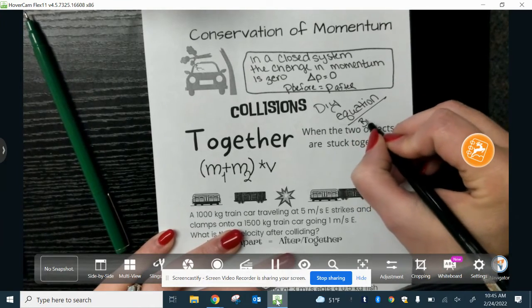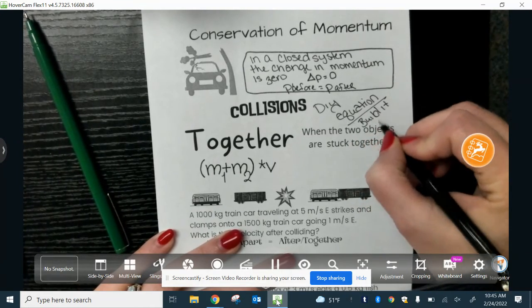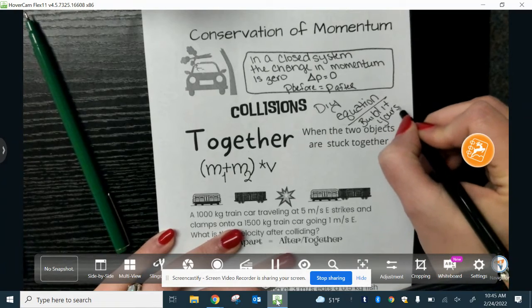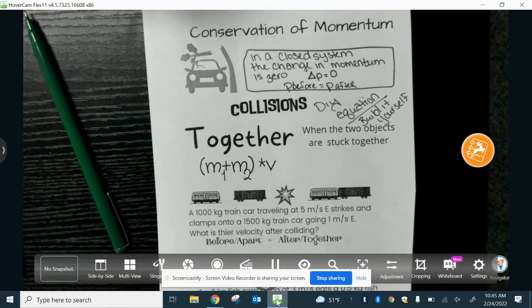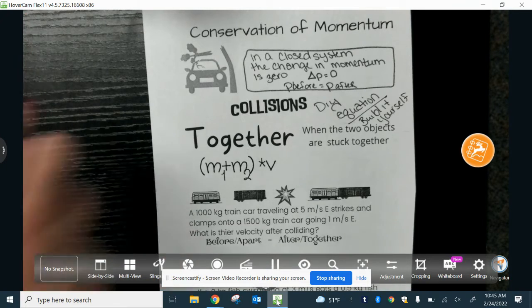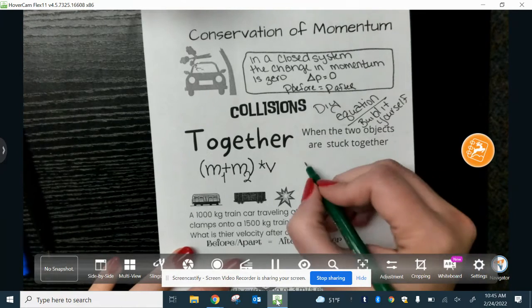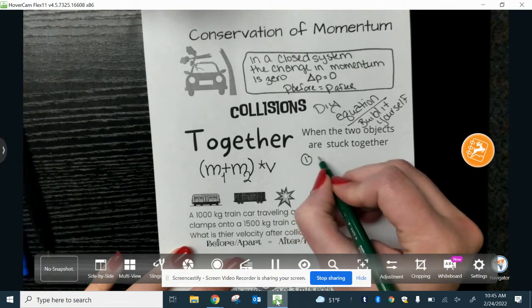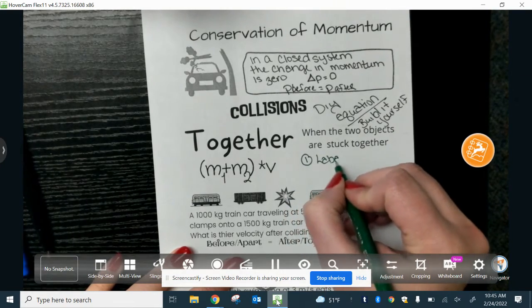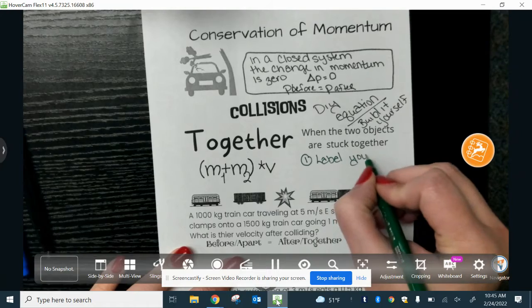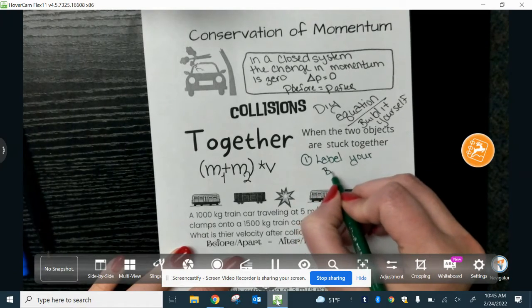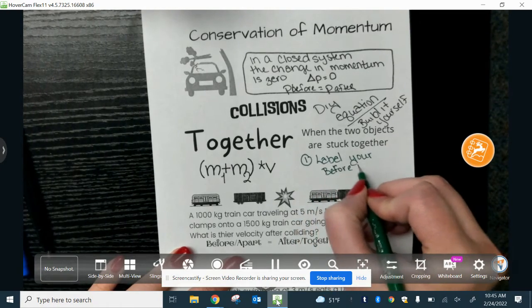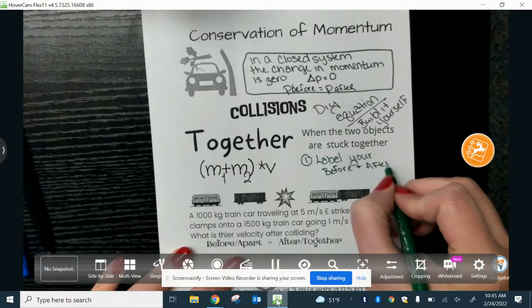It means you build it yourself. And the most important thing to do when you're looking at collisions, the first step, label your before and after types.